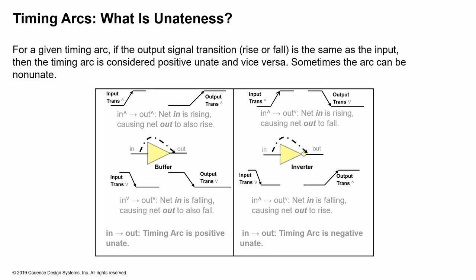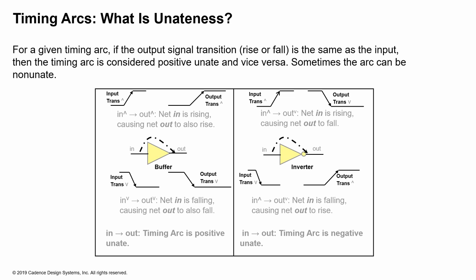Unateness is a very important property of all timing arcs. Static timing analysis uses unateness extensively to determine how the timing information is calculated. If we look at the example of a buffer, the output is rising when the input is rising, and the output is falling when the input is falling. So the timing arc is positive unate because the transition of the output is the same as the transition on the input.